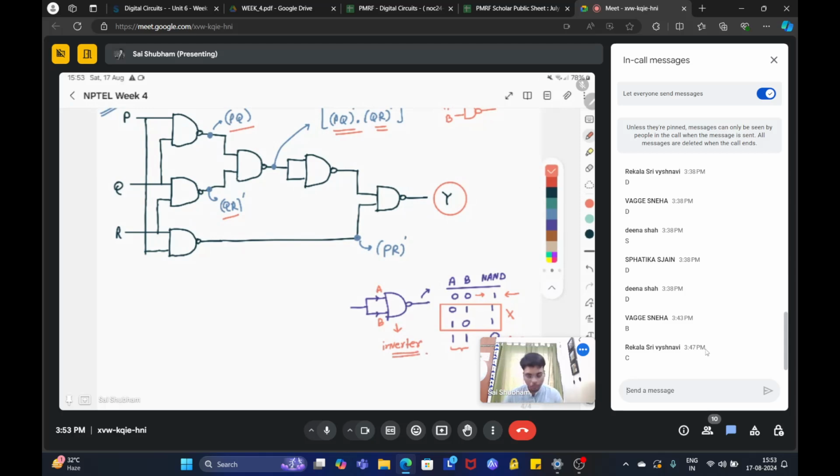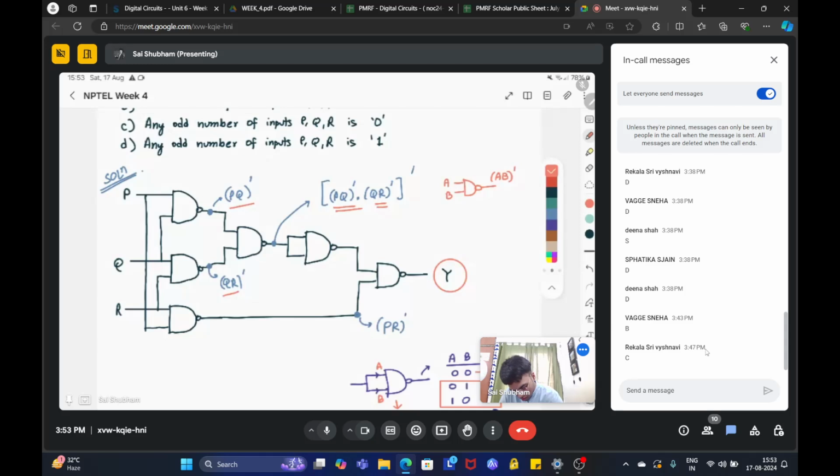Okay, so at this node, we have this term and this term whole bar. So I can write this as PQ bar and with QR bar. Okay, I think this makes sense because this bar shows that this is inverted. If you invert it again, this will be the same expression. Fine.